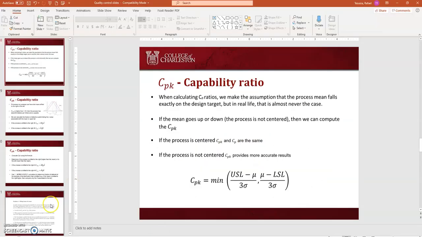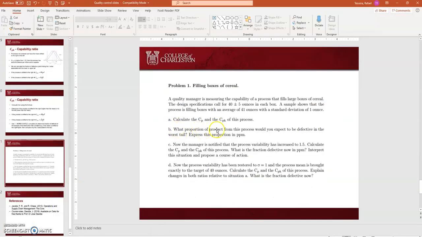Okay, let's go back to the problem. What proportion of product from this process would you expect to be defective in the worst tail? Express this proportion in parts per million.